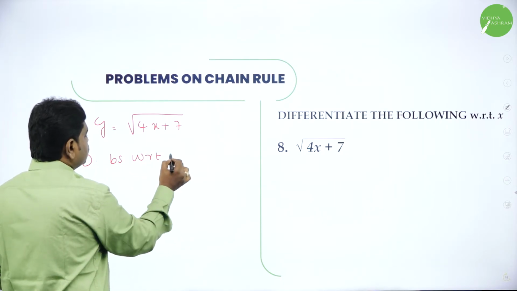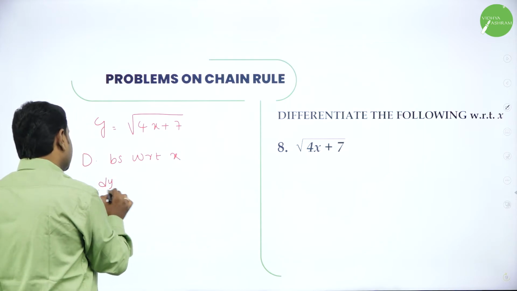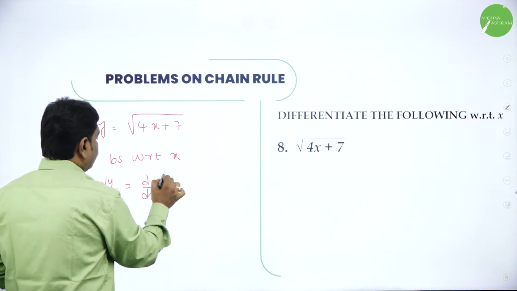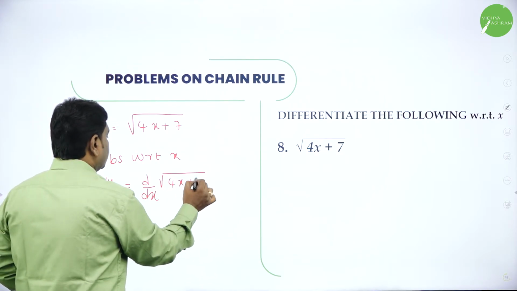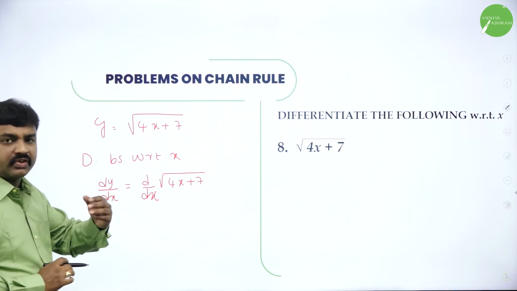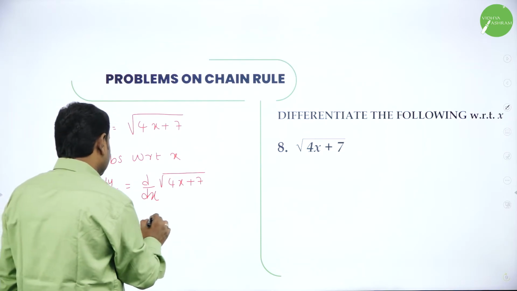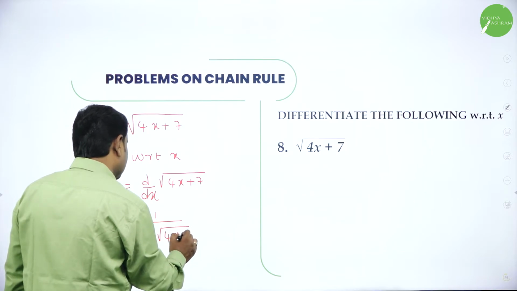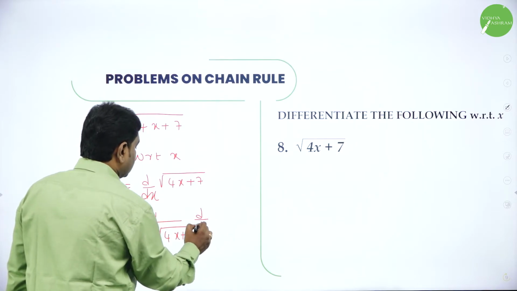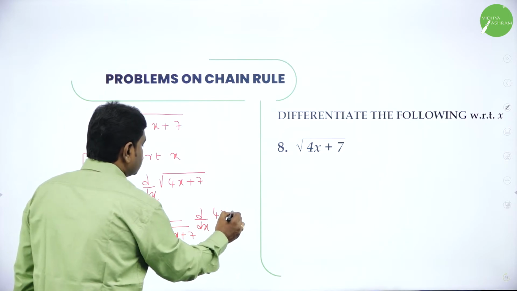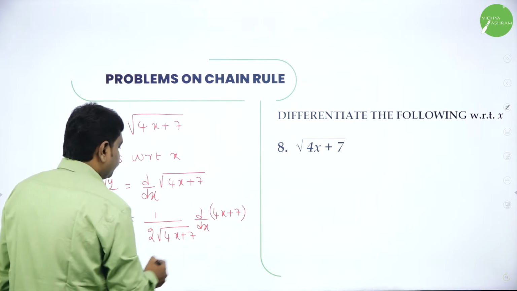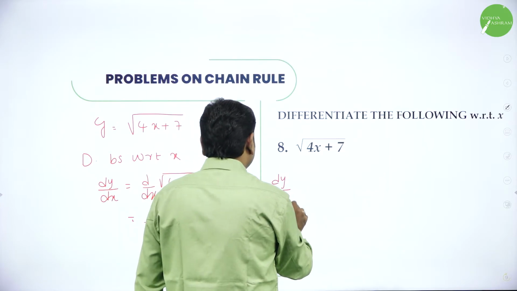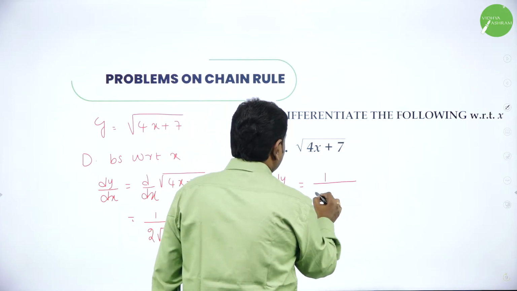LHS becomes d by dx of y, RHS becomes d by dx of root of 4x plus 7, and all of you know the derivative of root f of x is 1 by 2 root f of x into d by dx of f of x. So this will become 1 by 2 root 4x plus 7 into d by dx of the internal function, that is 4x plus 7.